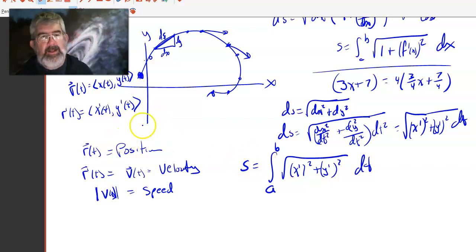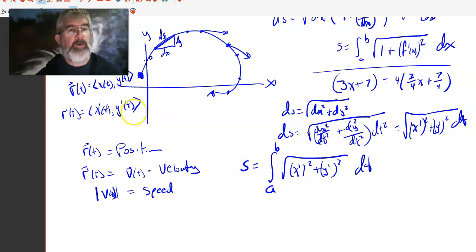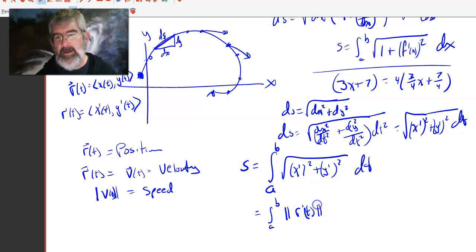Okay. And the length of this vector is square the components and add them up and take the square root. That's exactly what we have here. So this is sometimes written as the integral from a to b of the length of r prime of t dt. And sometimes it's written as the integral from a to b of the length of the velocity vector. They just write it as v, right?